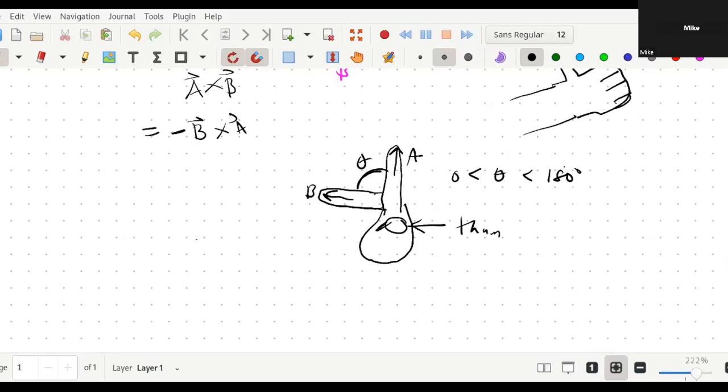You can only get an angle of at most 180 between your two fingers. If it goes beyond 180, it means the orientation is wrong and you have to go to the other side.